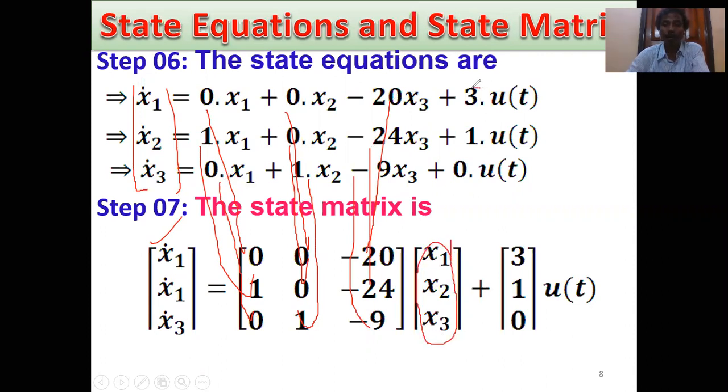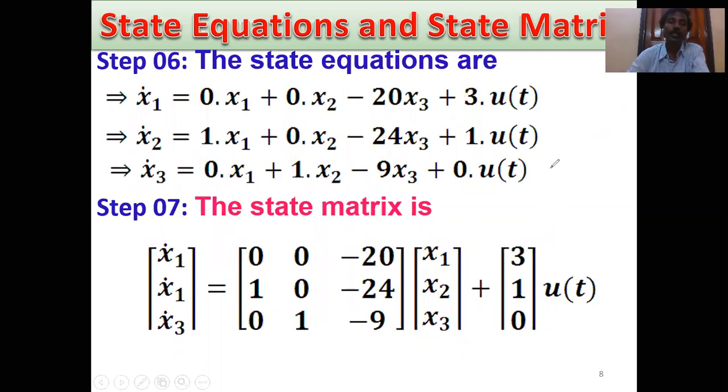And what is the coefficient? The first coefficient is 3, the second coefficient is 1, and the third coefficient is 0.